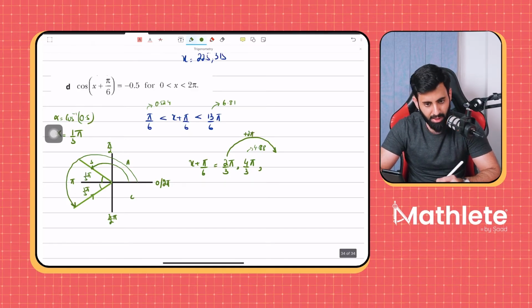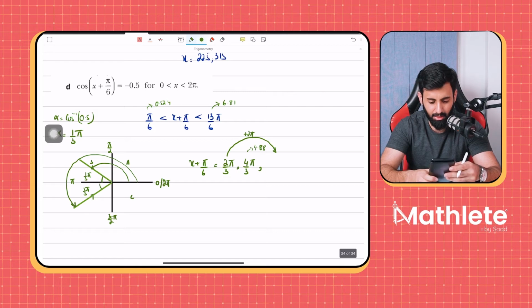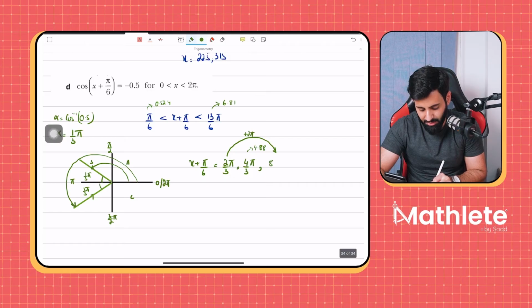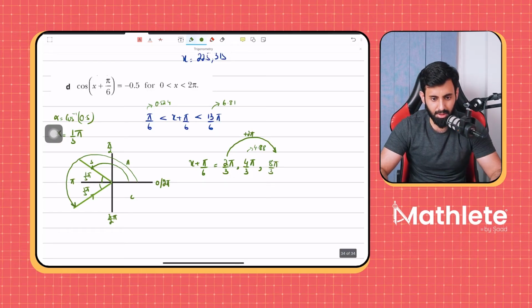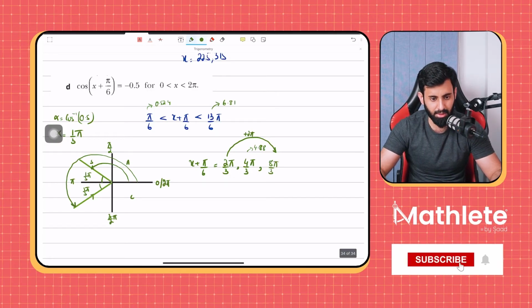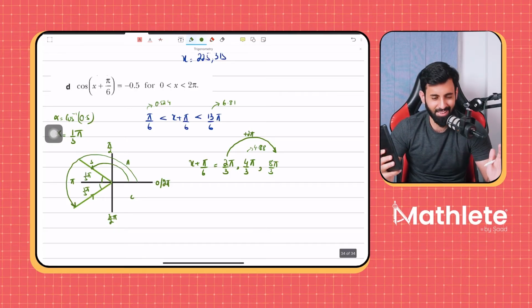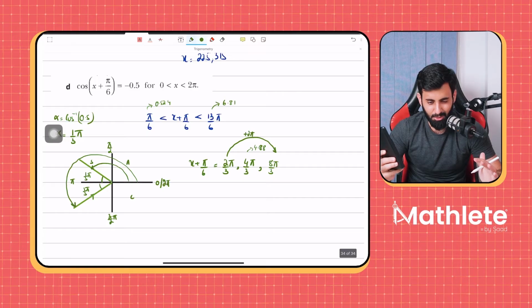So if I add 2 pi in the first solution, here's what I get. 2 pi plus, let's check it out. Okay, it's not in the range. Yes, you're right, but let's do it anyway. So 2 pi plus 2 pi upon 3. So I'm looking at 8 upon 3 pi. Now at this point, it's difficult for me to judge whether 8 upon 3 pi is smaller than 13 upon 6 pi. If you remember the decimal values of fractions, you will be able to.